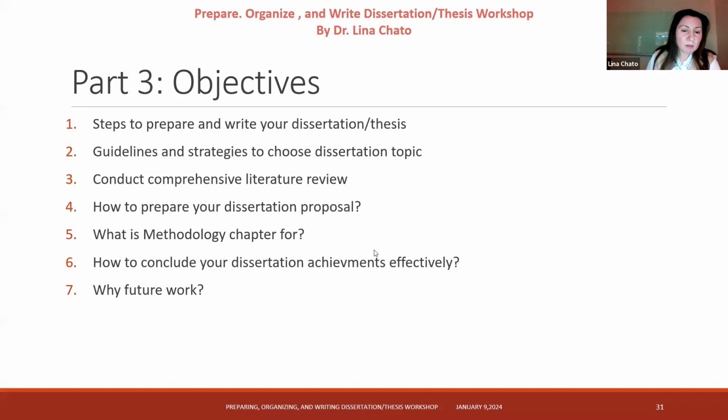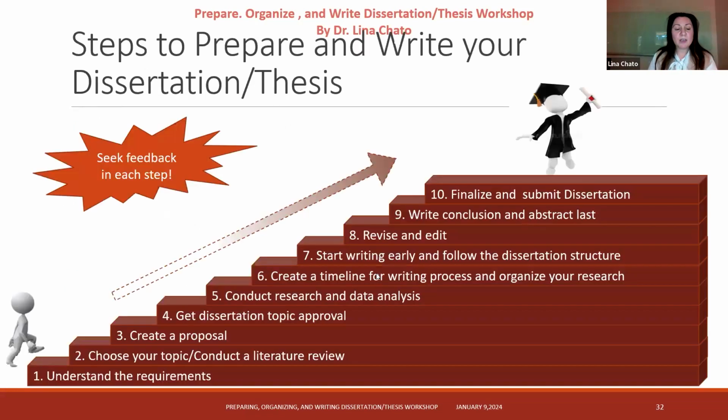But actually, I will not talk about this one today. Maybe it's better to talk about this with your advisor. Then we will talk about the methodology chapter and how to conclude your dissertation and why you need the future work.